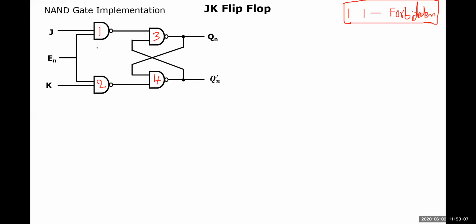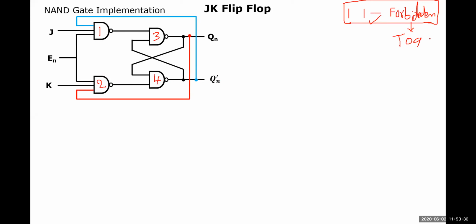The output Q complement is taken as feedback input for J, and the output Q is taken as feedback input for K. By taking these two, this forbidden state is avoided. The forbidden state is converted into the toggle situation. Toggle in the sense that two operations are done by the same switch.